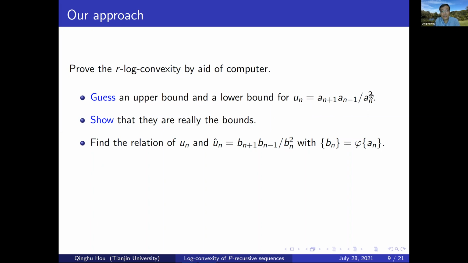If the ratio is greater than 1, it is log convexity. And if the ratio is less than 1, it's log concavity. So next step, we need to show that they are really the bounds. And there's one more step. We need to find the relation between the ratio of the original sequence and the sequence obtained by applying the operator psi or phi.